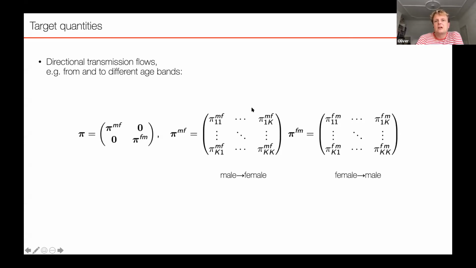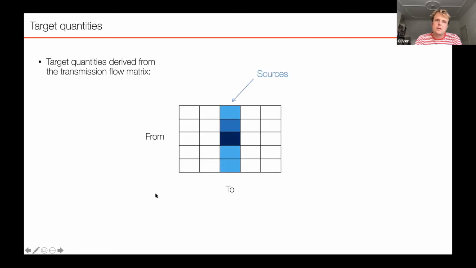So these are much larger matrices now, and again, all these flows sum to 1. We'd like to estimate them and have an idea about how the sampling processes underlying our sample may have influenced these estimated quantities pi, which are the directional transmission flows.